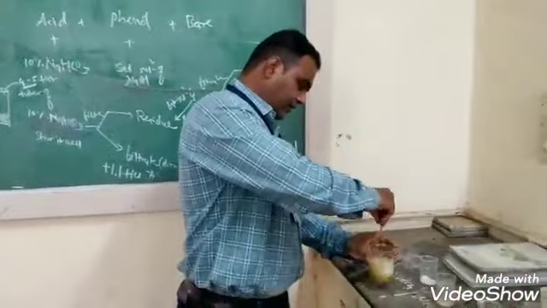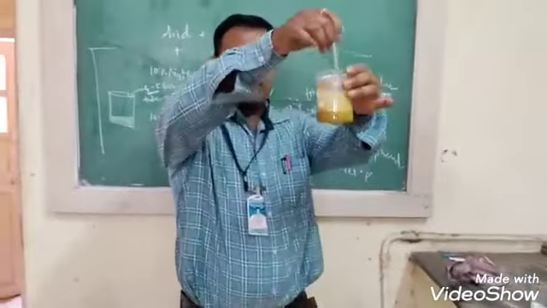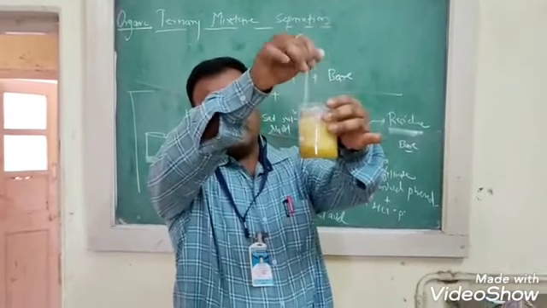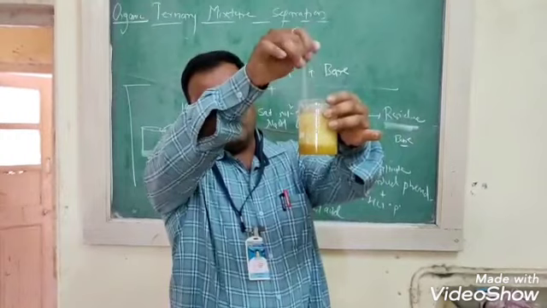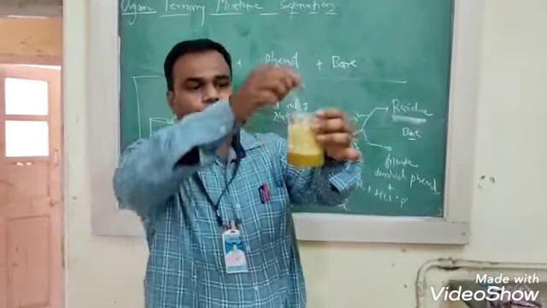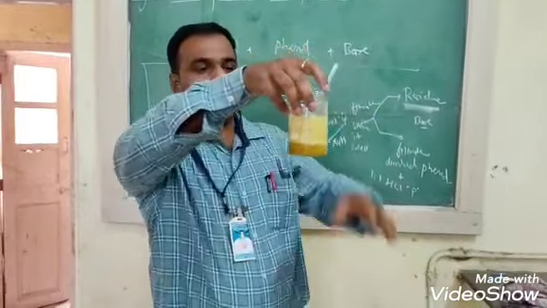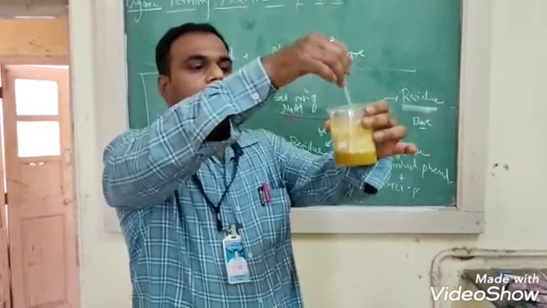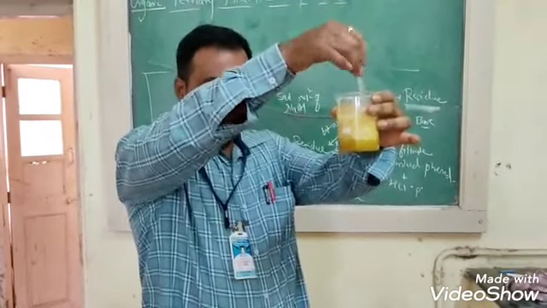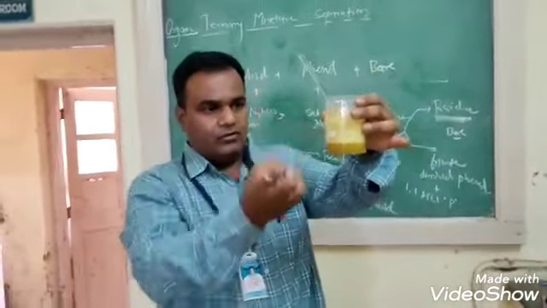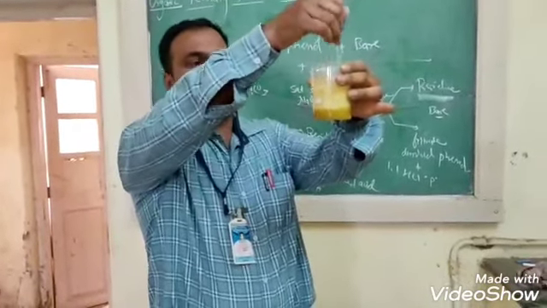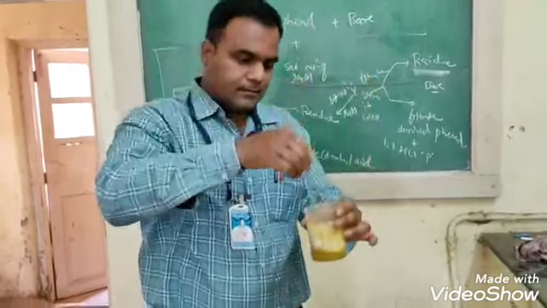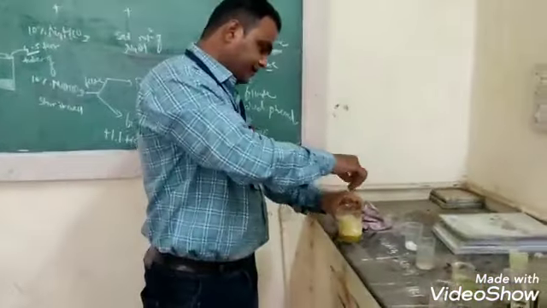Stir it well, until the effervescence of CO2 stops. This means the complete acid is dissolved in the sodium bicarbonate, no acid remains in the mixture, and all the acid has gone into the sodium bicarbonate layer. Stir it for 5 minutes.